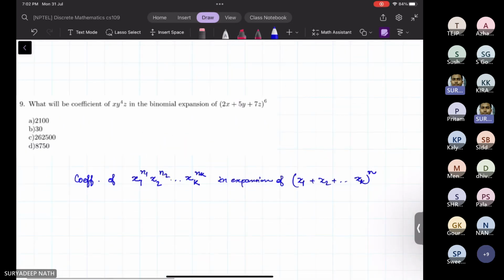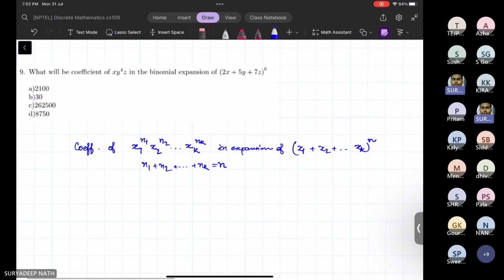Here it is implied that n1 + n2 + up till nk is n. So the coefficient is n factorial over n1 factorial, n2 factorial, up to nk factorial.